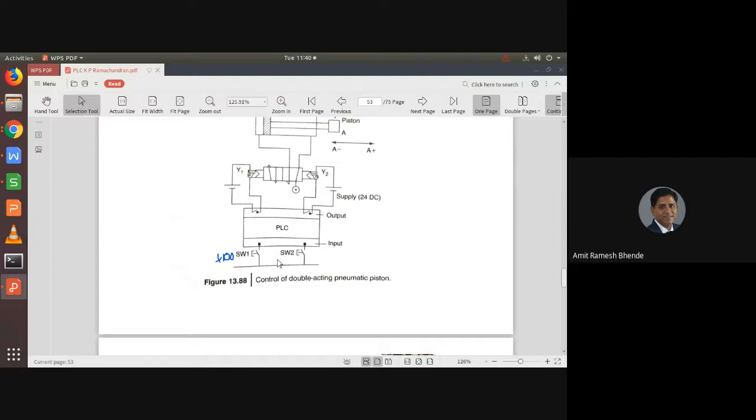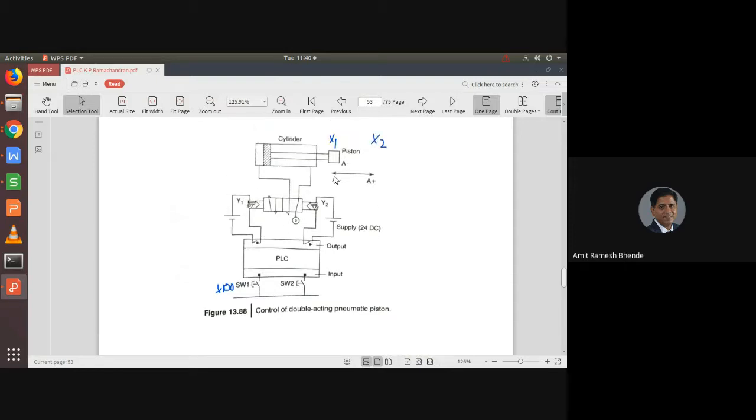Now let me tell you that the Y1 solenoid is for the extension and the Y2 solenoid is for the retraction. That means if you press SW1, it will energize the first output device Y1 and you will get the extension motion of this piston.